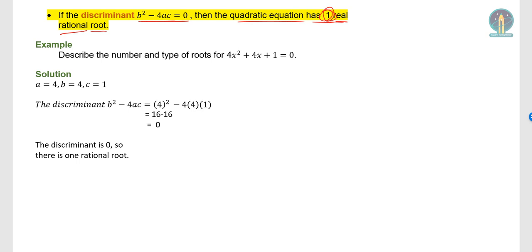Let's look at an example. Describe the number and type of roots for this quadratic equation: 4x squared plus 4x plus 1 equals 0. So noting the coefficients, we have a equals 4, b equals 4, c equals 1.